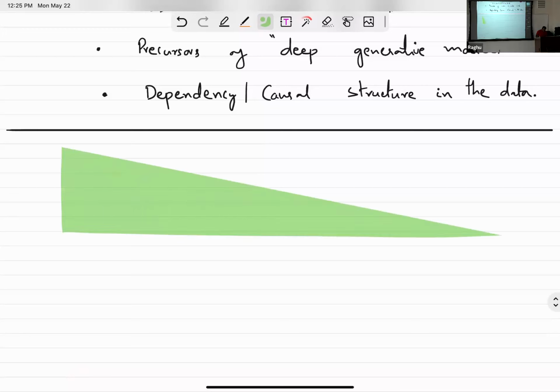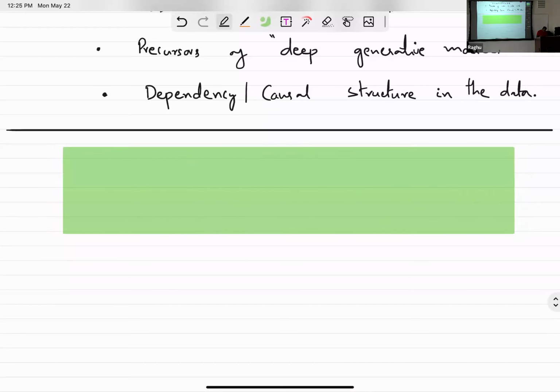So the most important concept in graphical models is independence. Hopefully you all know what independent random variables are.